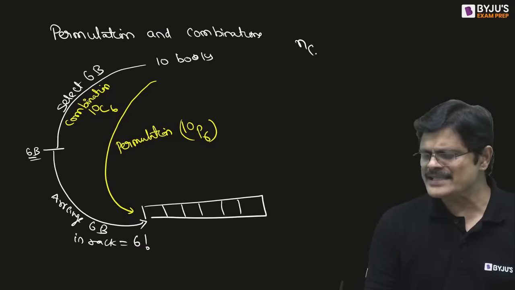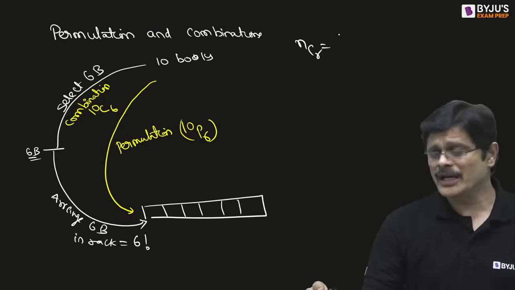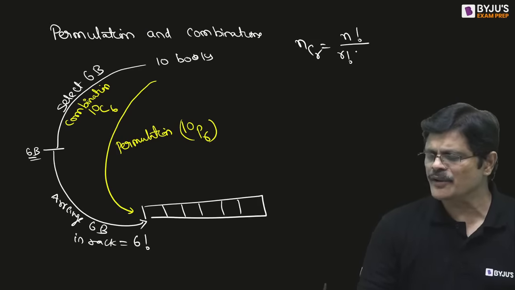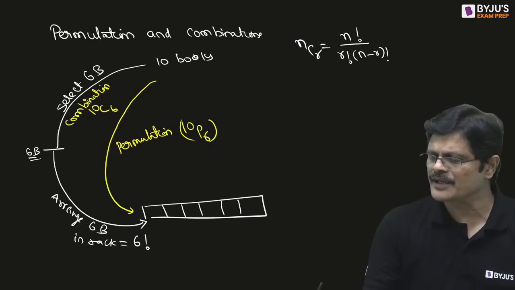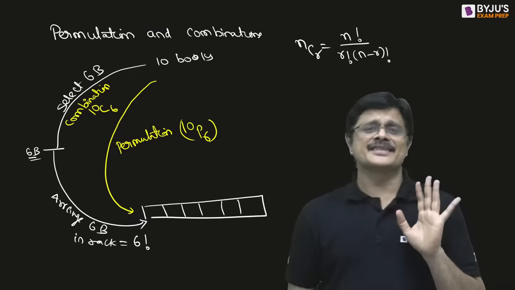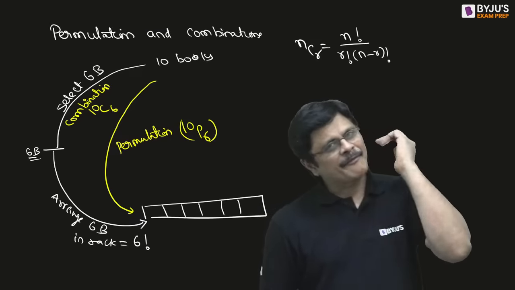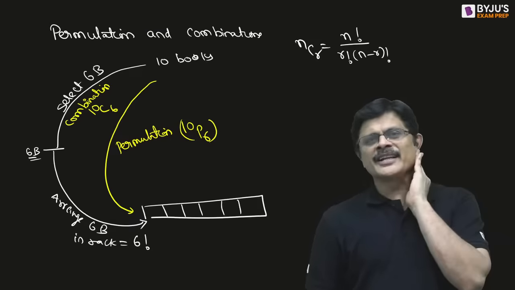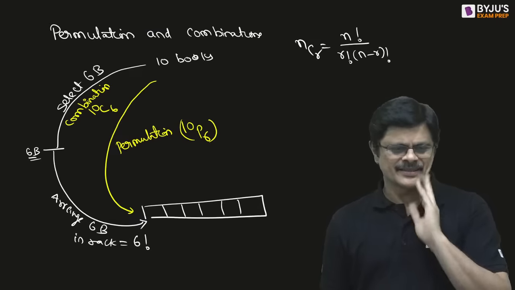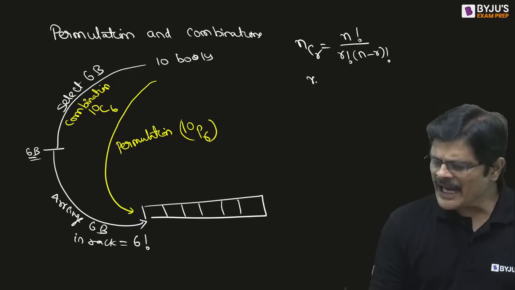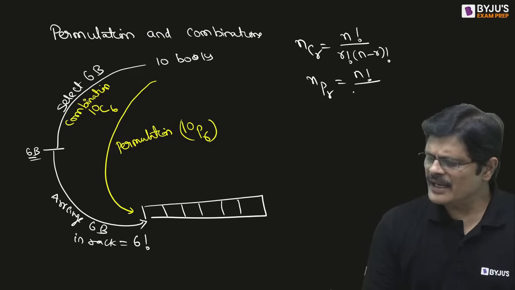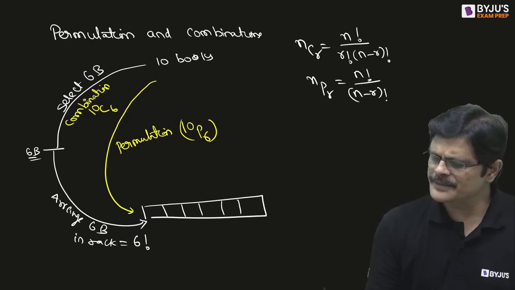Here the NCR formula, for those who do not know, is n factorial by r factorial into n minus r factorial. I suggest all of you to practice this, maybe for 1 hour. Suppose you are very bad at this, take different numbers and practice. Then NPR will be simply n factorial by n minus r factorial.